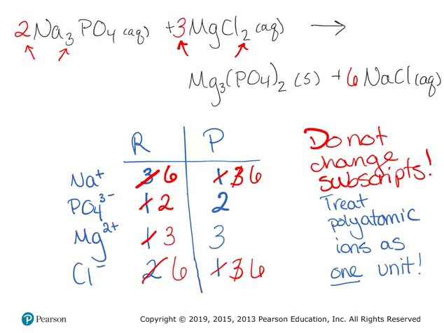All right, so now it looks like everything is balanced. So our coefficients are 2, 3, 1, 6. So not too bad. Remember, if you see a polyatomic ion and you have to balance an equation, treat the polyatomic ion as one unit. Don't separate it into its separate atoms because that's going to make it so much harder.